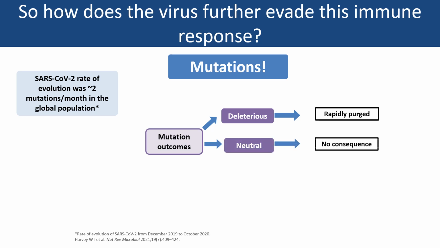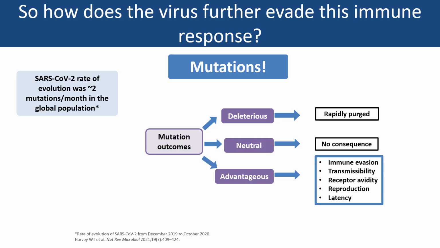However, some mutations will give advantages to the virus, such as being able to escape the prevailing immunity in the host or in the population by changing one or more antigenic epitopes, for example. Other mutations may allow better transmissibility or better ability to bind to the receptor or more efficient reproduction of the virus or allowing it to become latent in the host.